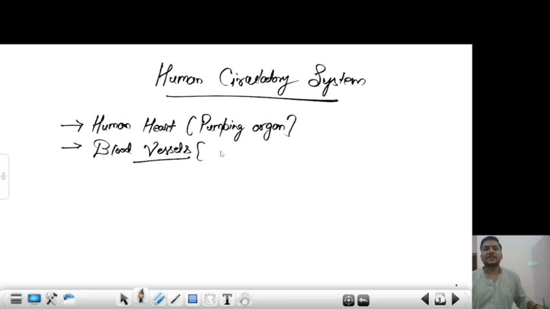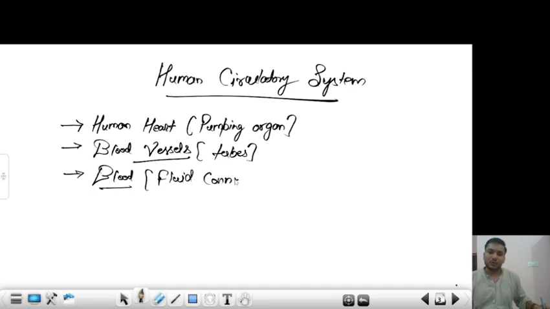Blood vessels are the tubes through which the blood flows. And the third important part is the blood, also known as fluid connective tissue.